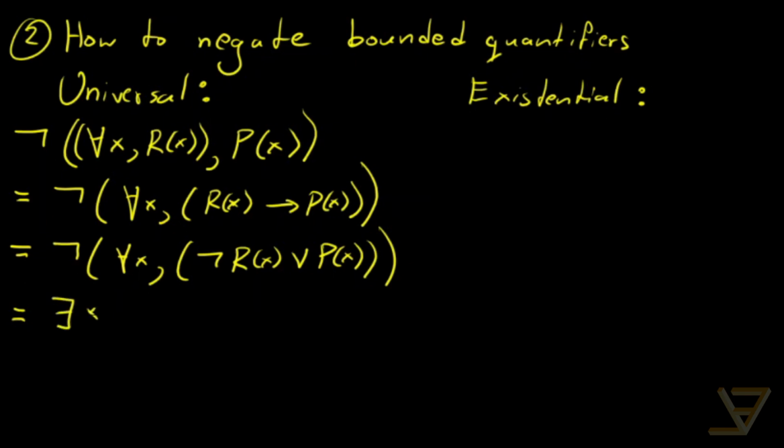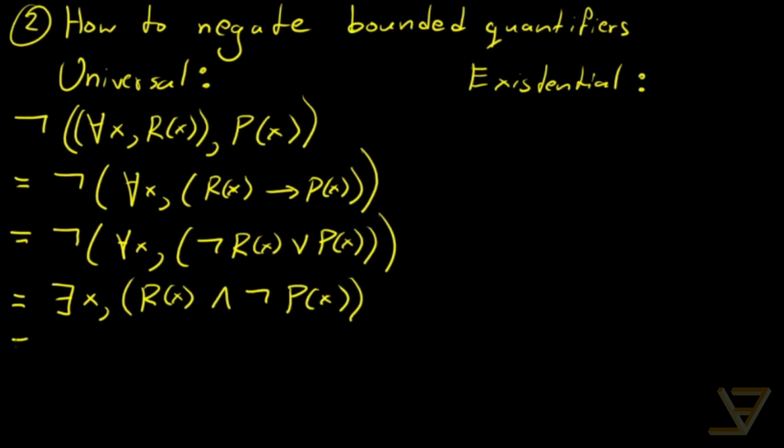This is there exists an x such that r of x and not p of x. And we can pull the r of x out now. This is equal to there exists an x such that r of x, not p of x.